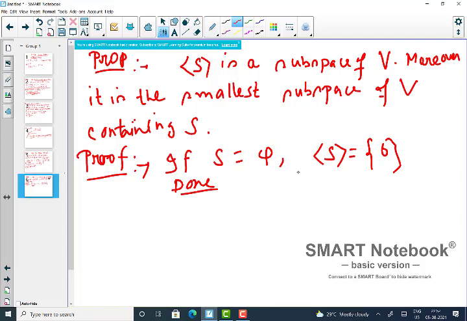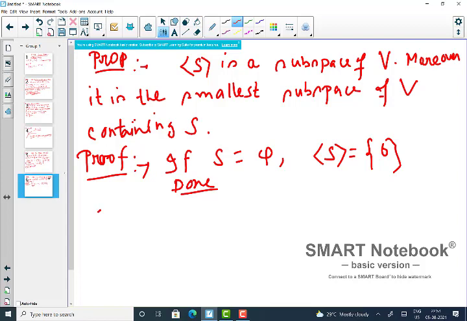I am not writing all the statements because I want you to understand and write in your own language. Whenever there is a gap that I am not writing, you need to go home and write it down properly. So span of S is singleton 0, which is also a subspace, and not only that, it is the smallest subspace, so it is inside any other subspace, and this also contains the empty set.